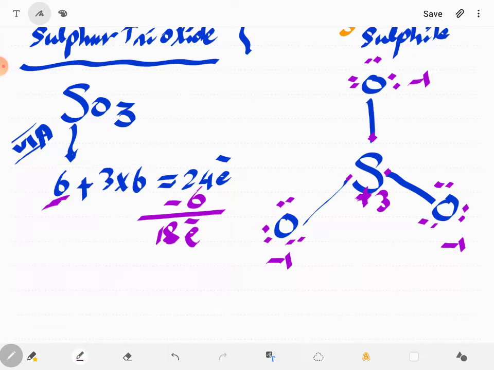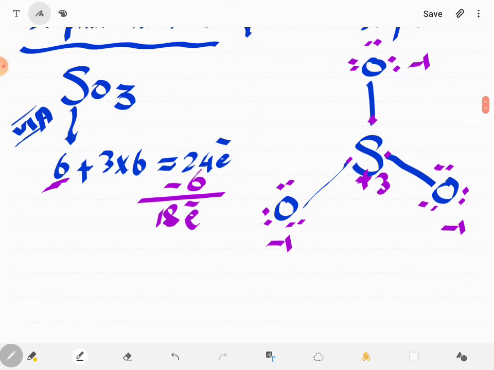The question is, is this stable right now? Does it have resonance? Let's see. This is minus 1, so I'll remove it and put 1 here.